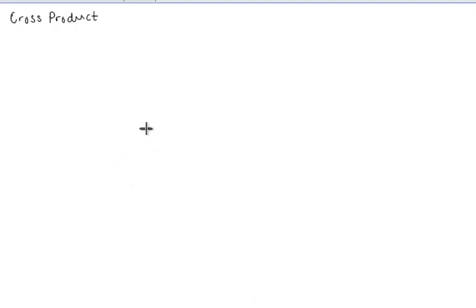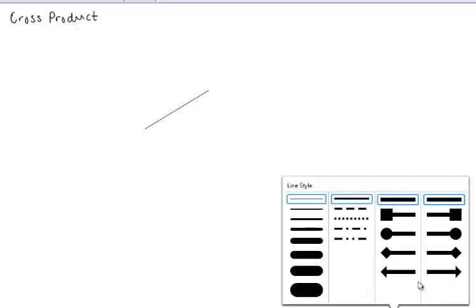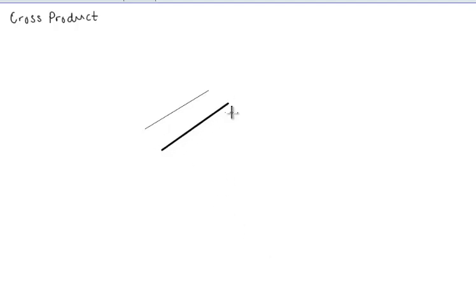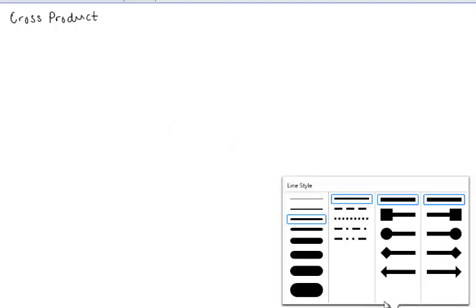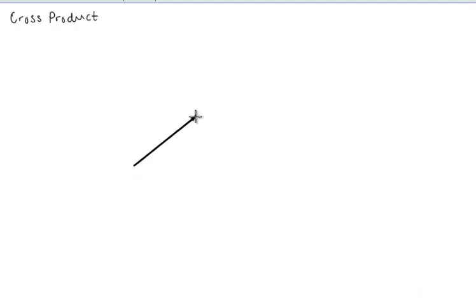Let's say we've got two vectors like this. No, this is too small. Let me pick a slightly thicker line here. Let's say we've got two vectors.